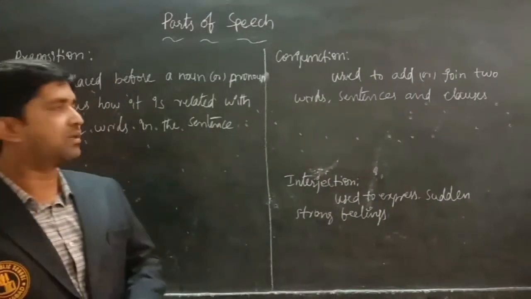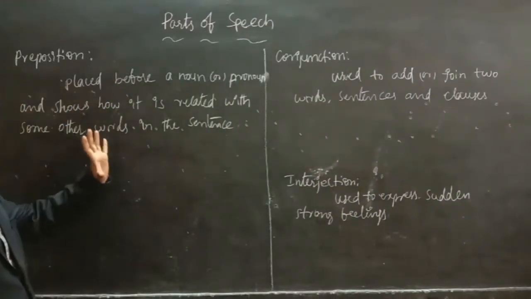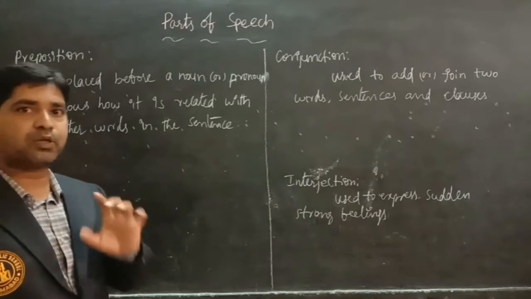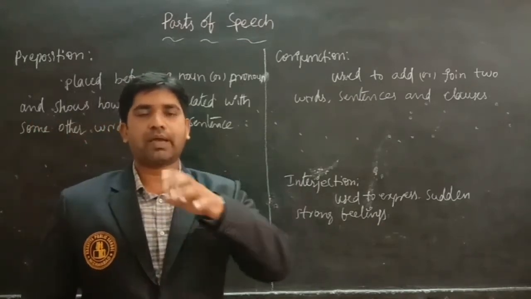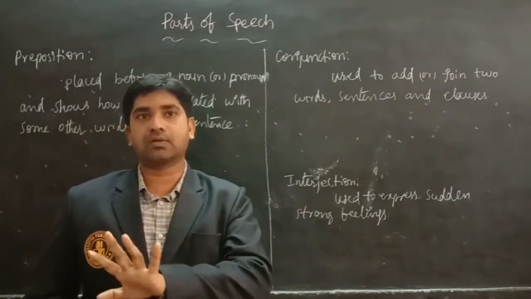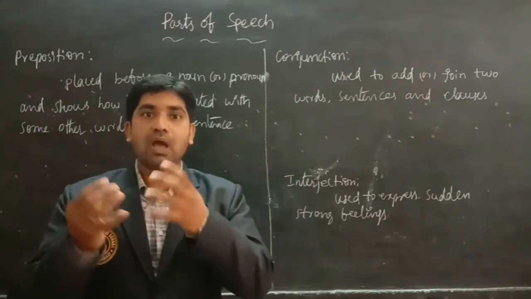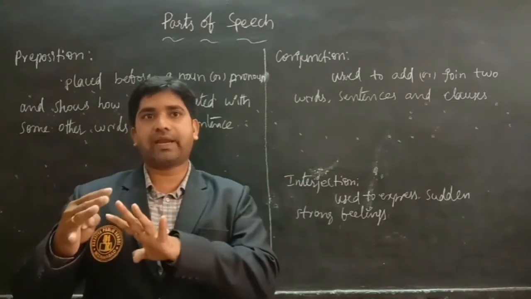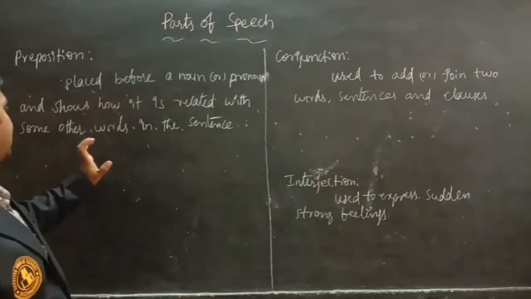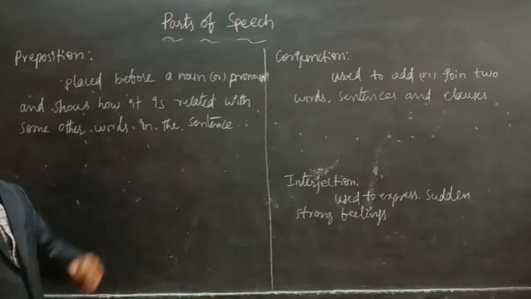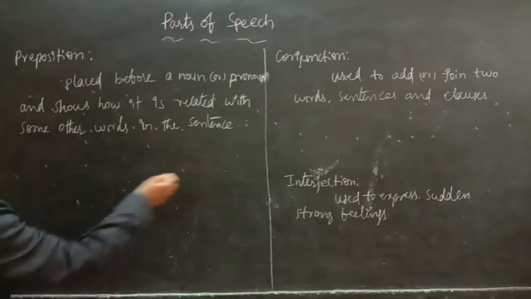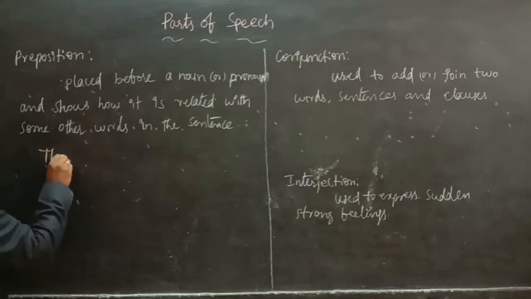Here, preposition. We use preposition before a noun or pronoun and it shows how it's related with the other words in the sentence. Here see, there is a boy.